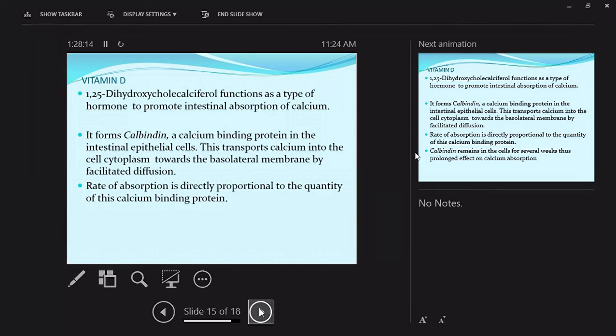So the effect of vitamin D is actually indirect in the absorption of calcium in the intestines. It is not a direct action.